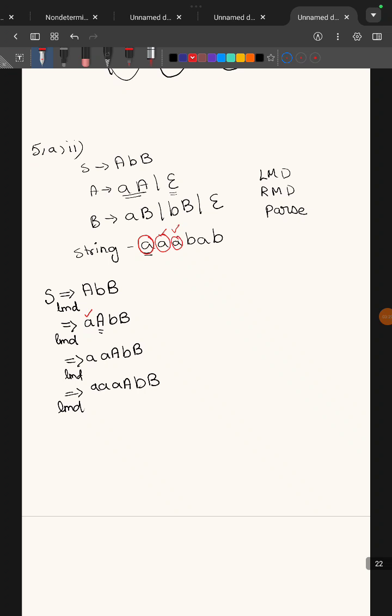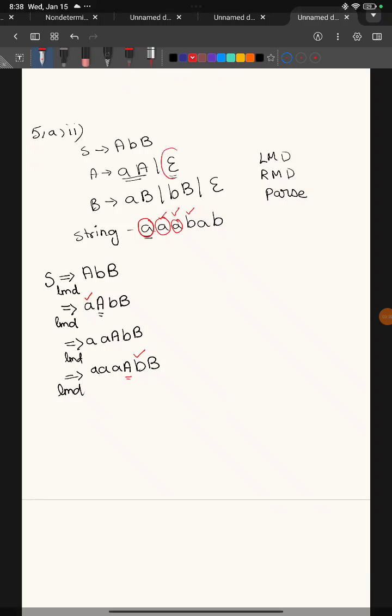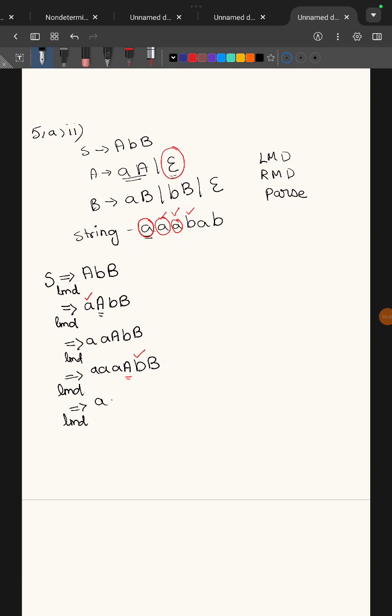We are having b in our string. Here we have b. So in this step for A we can substitute epsilon. So in this step we need not write epsilon, we will directly write a b only, which means that we have used epsilon over here.